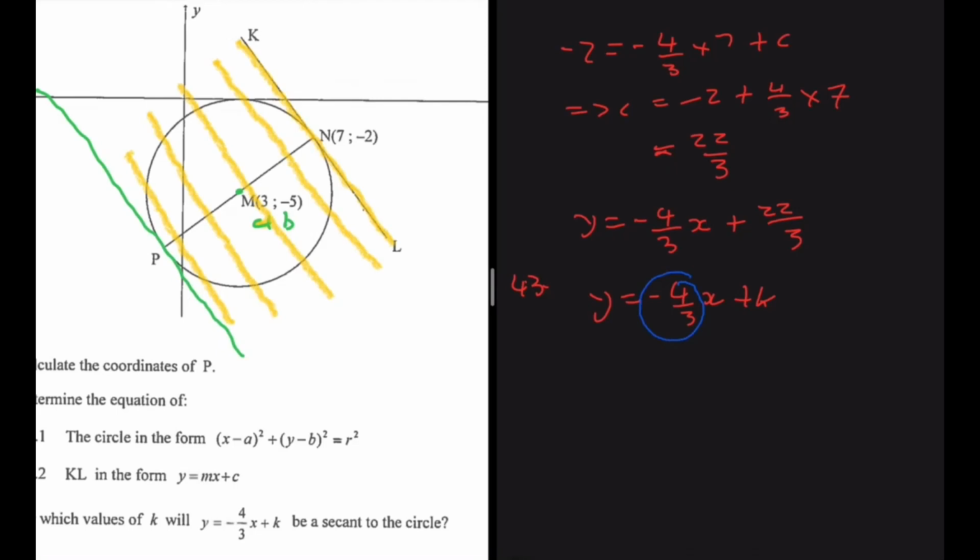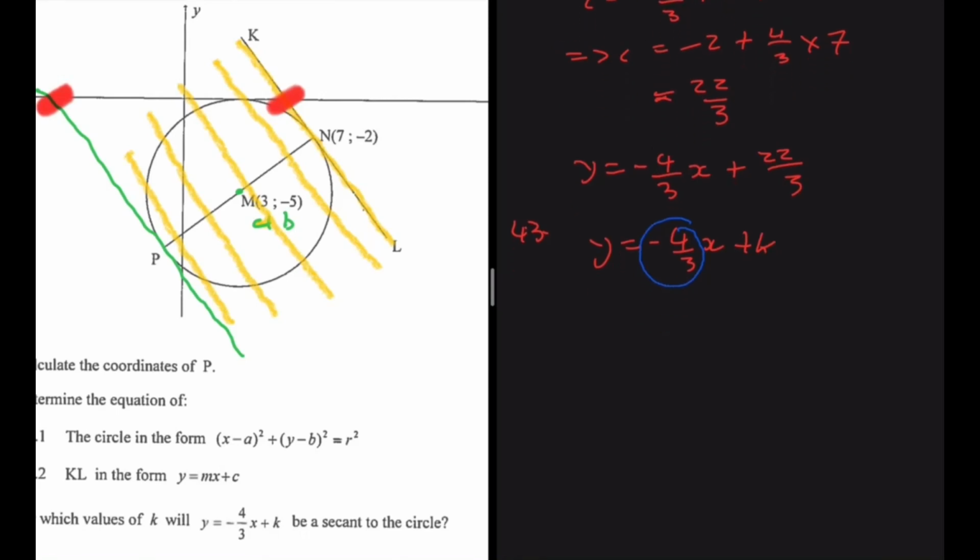So as long as the y-intercept is between the y-intercept of KL and the y-intercept when it touches the circle at P, then for those values of k, because k is the y-intercept where x is 0, that equation will be a secant.